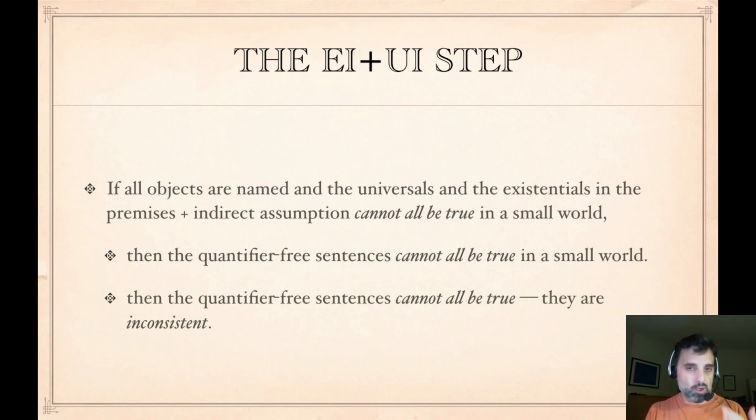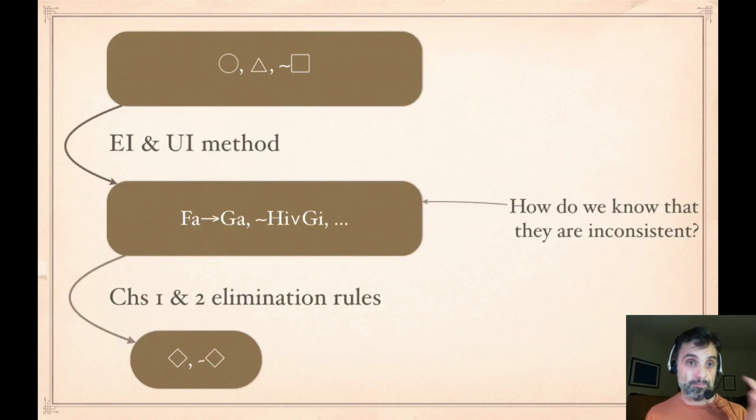We need to qualify that a little because of the small world idea. But basically, if the quantifier-free sentences you get from EI+UI are true, then so are the quantified sentences. But the quantified sentences can't be true, they're inconsistent, and therefore the quantifier-free sentences also cannot all be true. And that's what we wanted to understand.